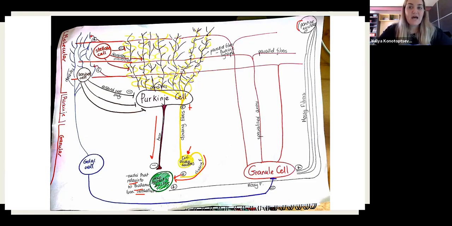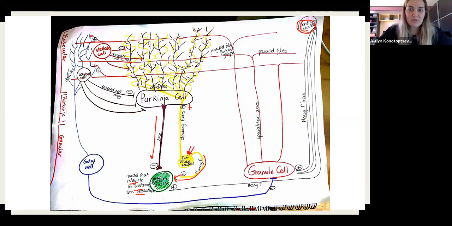We have a pontine nucleus. Pontine nucleus sends its axons to also stimulate deep cerebellar nuclei. Okay, so this nuclei can be excited by other two nuclei, the inferior olivary nucleus and pontine nucleus. These two nuclei, they want the movement to occur.